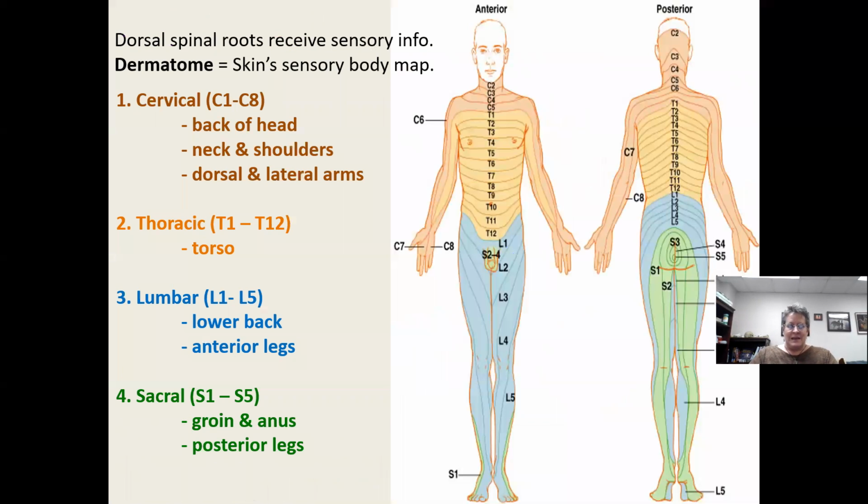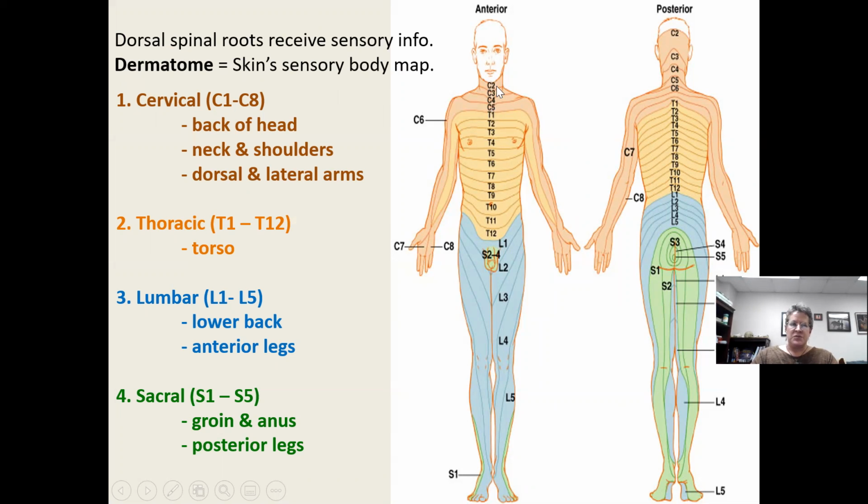Okay. Now, looks like a complicated image, but really all you need to pay attention to is this is a sensory map of the entire body, where sensory perception is depending on what region of the spinal cord that information is going out. So in your cervical region, C1 through C8, it's hard to see, but it's color coded.